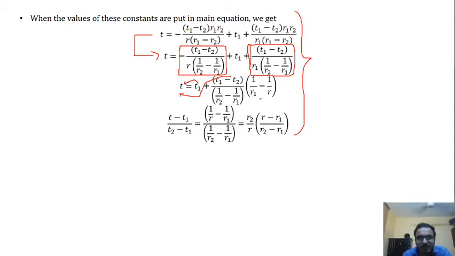The remaining term, 1 upon R1 minus 1 upon R, is here in the numerator, and this term 1 upon R2 minus 1 upon R1 is in the denominator. Now when you further simplify this ratio, you will be getting this value.